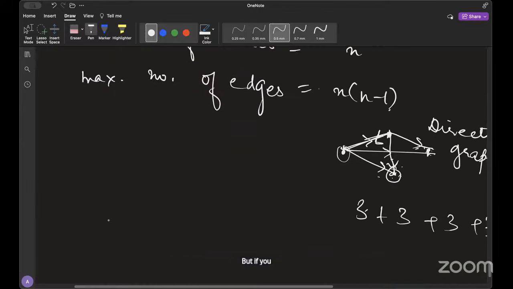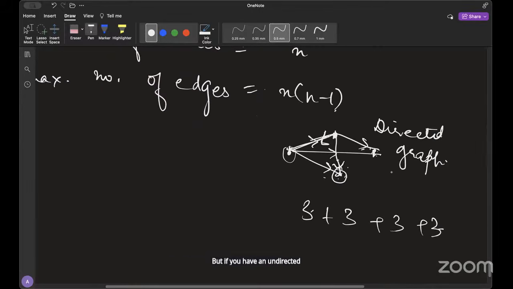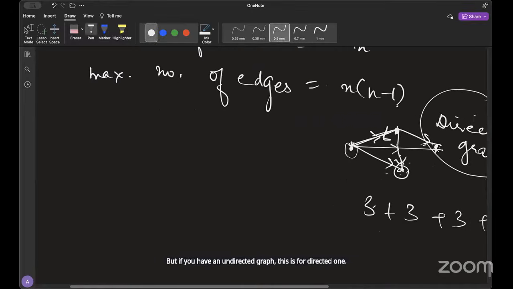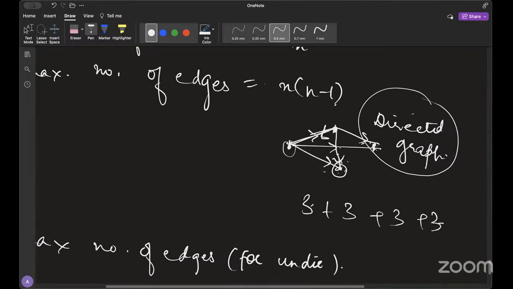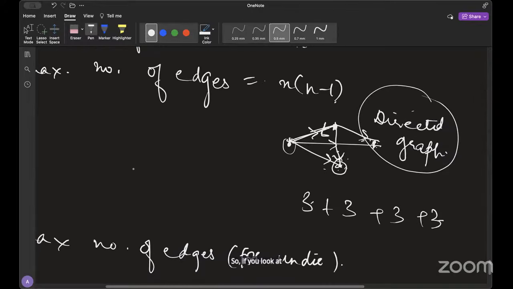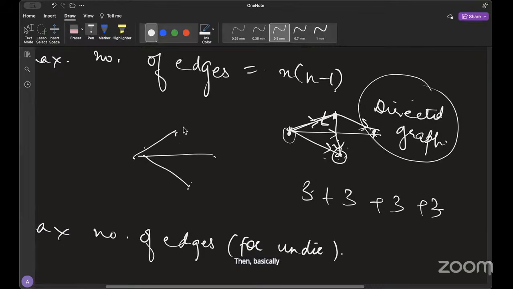But if you have an undirected graph, this is for the directed one. The maximum number of edges for undirected will be, if you look at this particular example, because it's undirected this time, if this is done and this is done, then this one is already done.